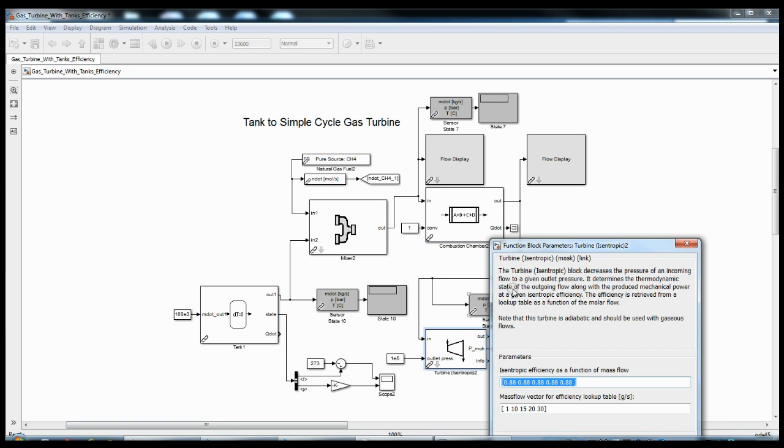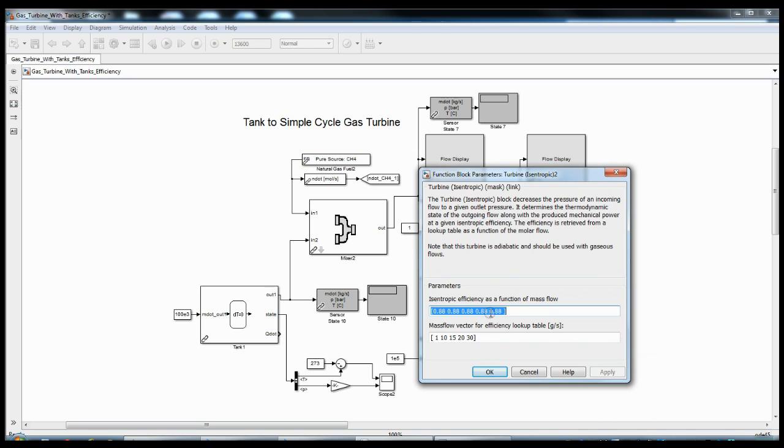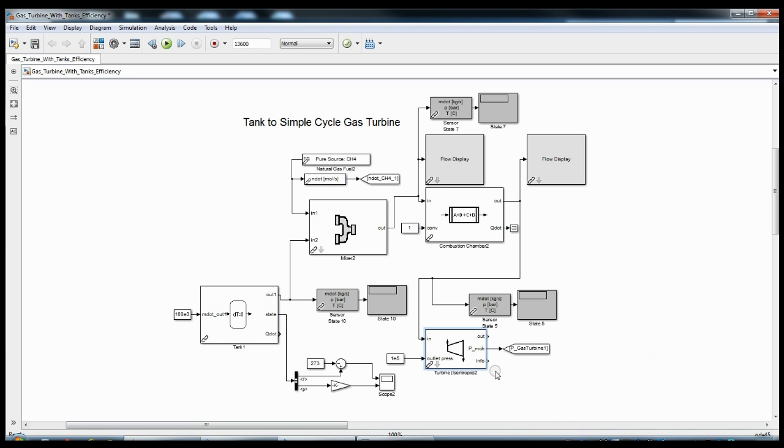After that, the flow goes into the inlet of the turbine. I've also set the outlet pressure of the turbine to basically be ambient air. So it does an isentropic calculation, and I have set some efficiencies here for the turbine. Then the output is the mechanical power.